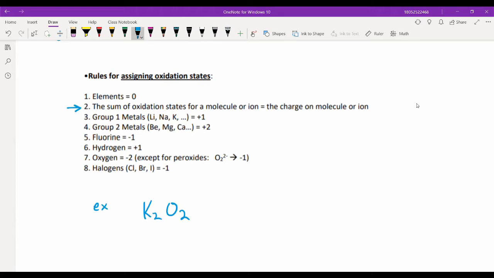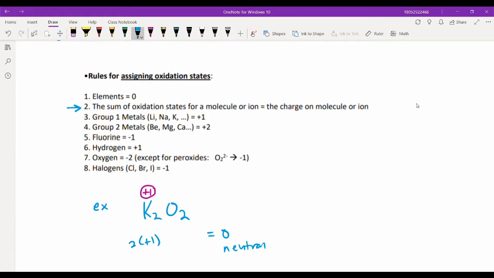This is neutral, so everything has to add up to 0. When you go down, the lower numbers take precedence over the other ones. So first you would use rule 3 and assign potassium as a +1 oxidation state. If you want to keep track of that, you would then have 2 +1s.